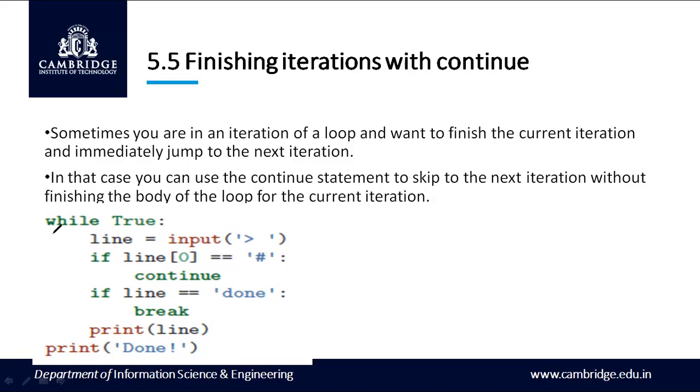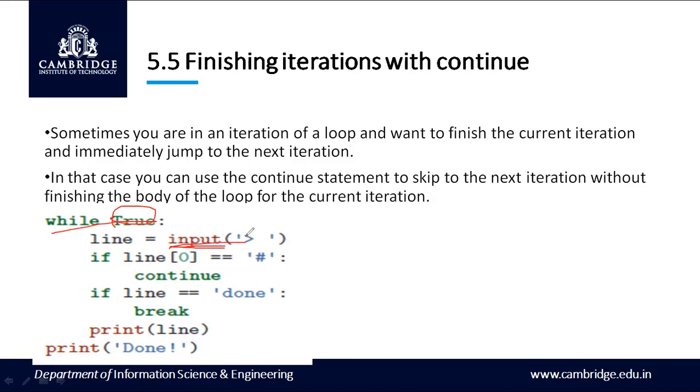So here you can see while the condition is true. Here we have input, the Python shell. This particular function, input, is a built-in function of Python, where it prompts the user to enter something from the keyboard. So it prompts the user.